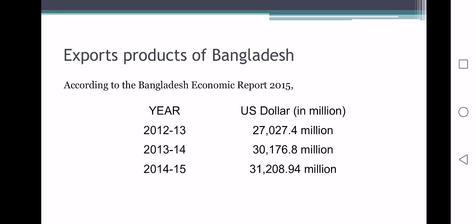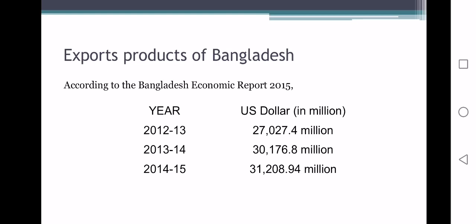Like the import, there are some export numbers you have to memorize. According to the Bangladesh Economic Report of 2015, Bangladesh exported products worth 27.4 million in 2012 and 13. In 2013 and 14, Bangladesh exported products worth 30,176.8 million US dollars.